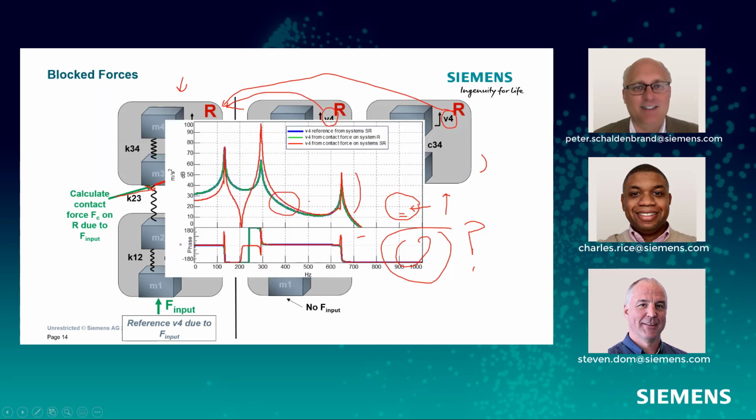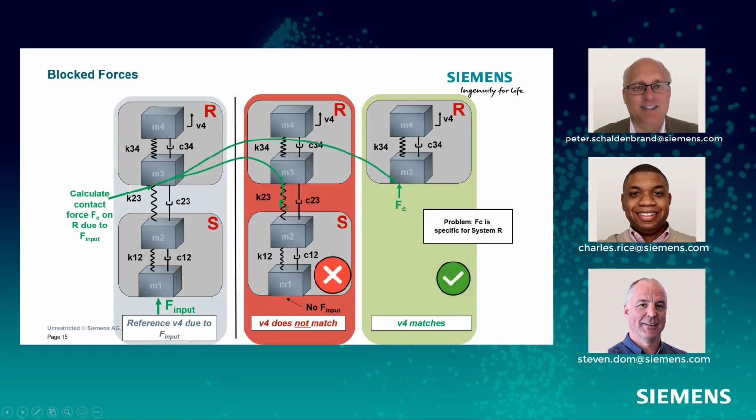If we did this empirical calculation, we can see that when we have just system R, that matches the reference. The green and blue curves match. V4 over here, where we have the combined system, does not. So as you said, Charles, this FC is needed for doing this.